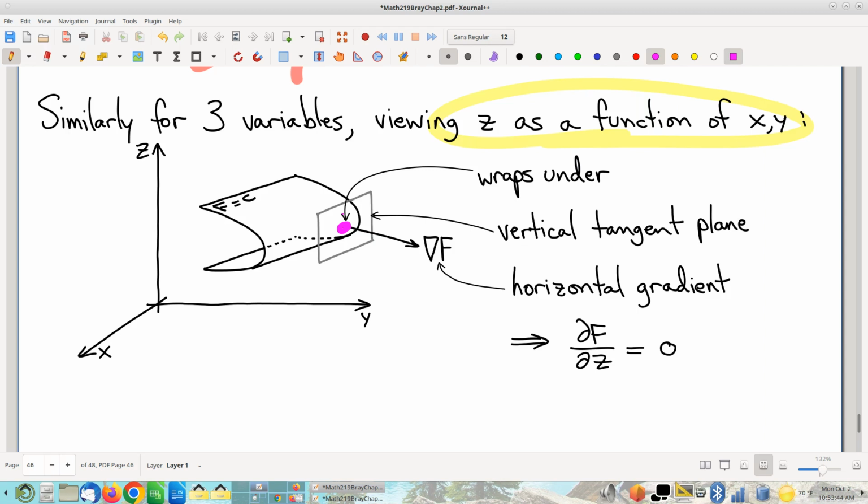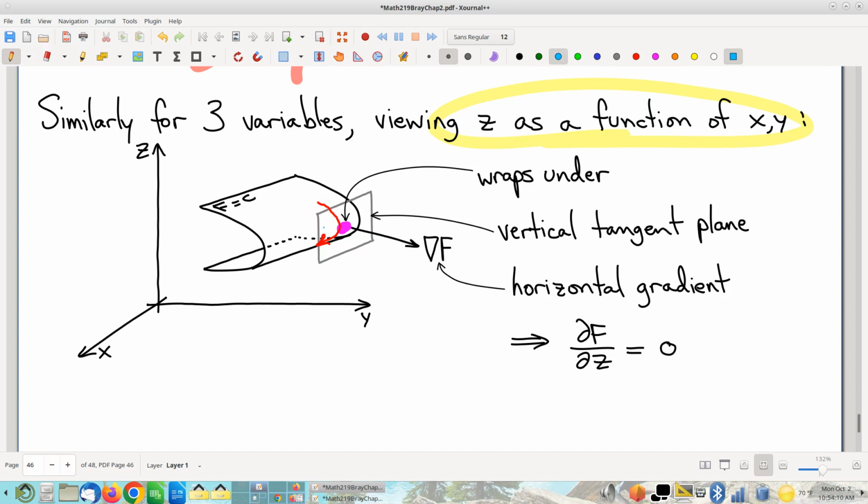Now it's a little bit harder to draw the picture here. I'm going to appeal to your intuition. Where the surface is wrapping under itself, you're going to fail the vertical line test again. It's sort of a three-dimensional version of the failure that we saw previously. The surface is in the process of wrapping under itself there.